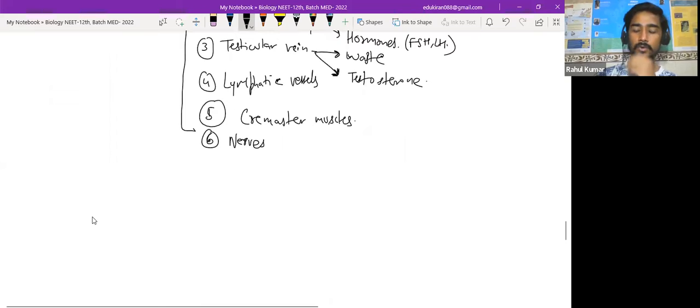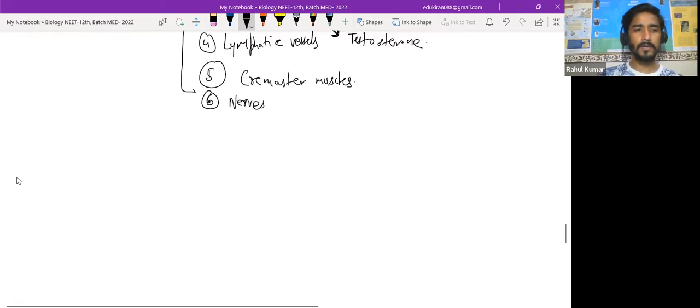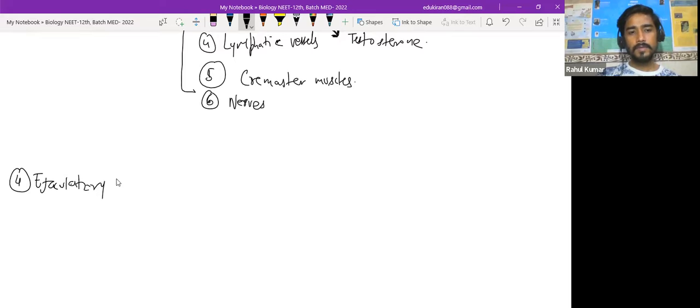Now let's come to the ejaculatory duct. There are 2 things that have been asked about the ejaculatory duct, so we'll discuss just that. All these ducts are given in NCERT, but somewhere in between a paragraph, it's written something about it, but you should know things about these.